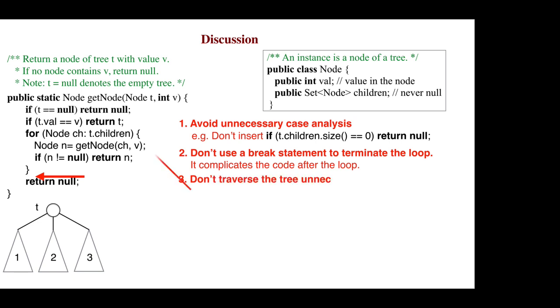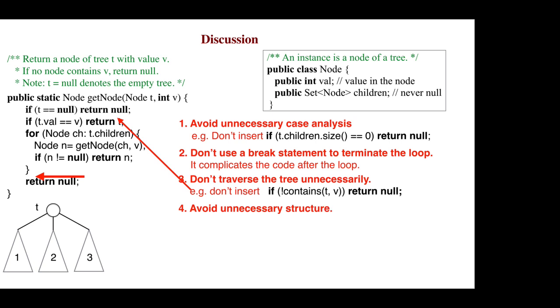3. Don't traverse the tree unnecessarily. A function contains(t, v) is likely to be available, and the tendency is to insert a statement that tests whether t contains v and to return null if it doesn't. The extra traversal of the tree is unnecessary. 4. Avoid unnecessary structure.